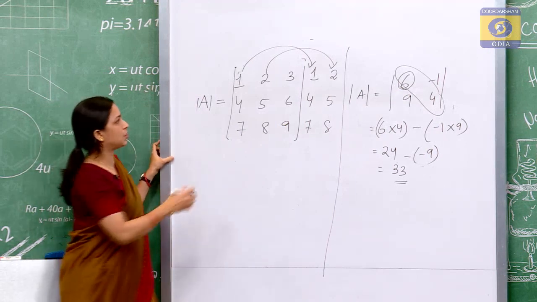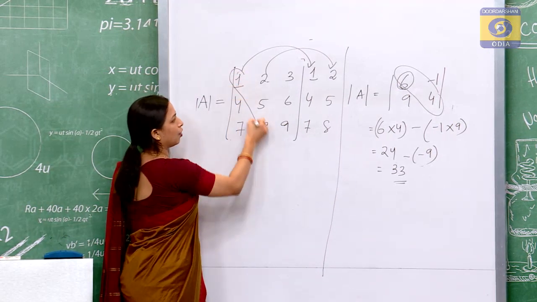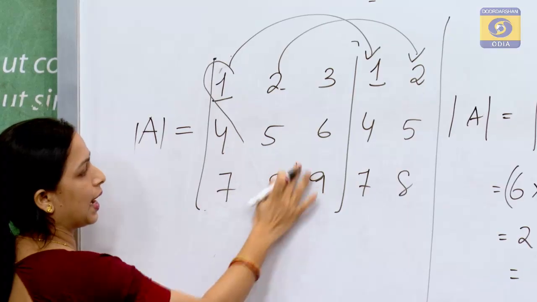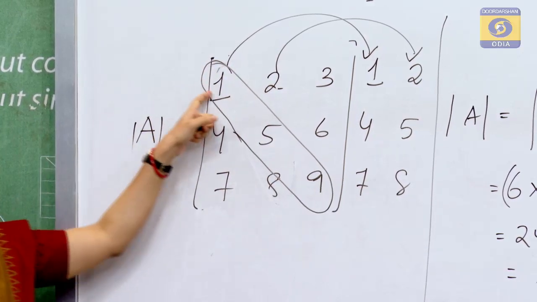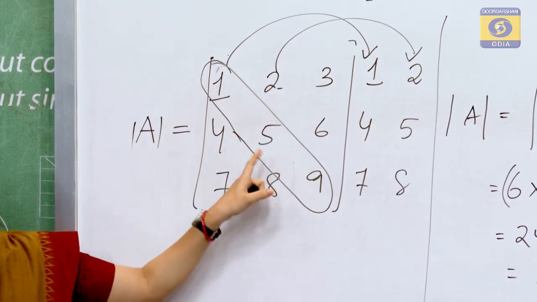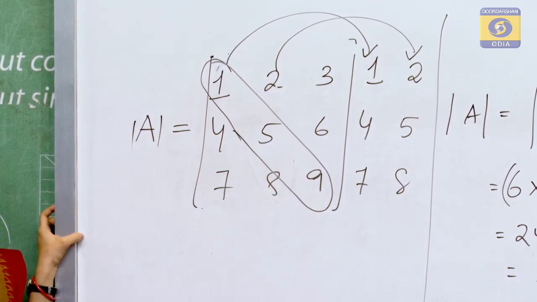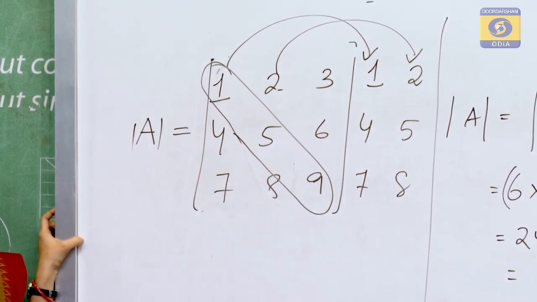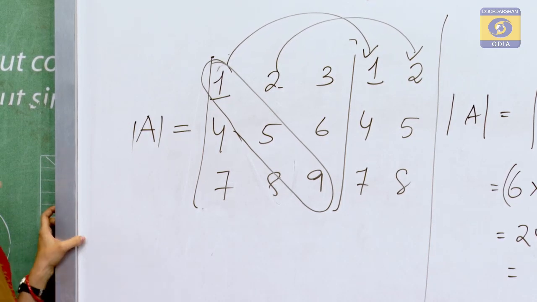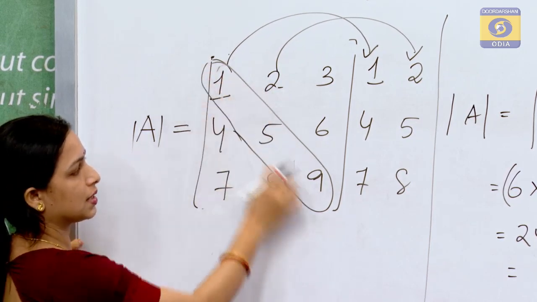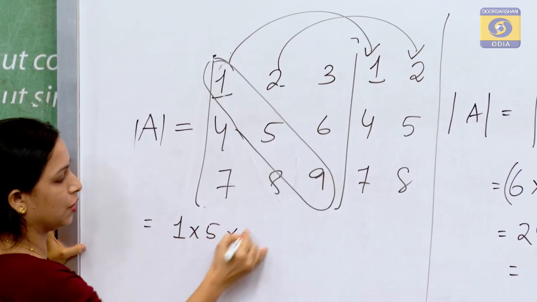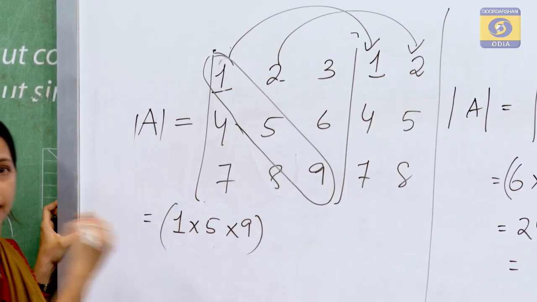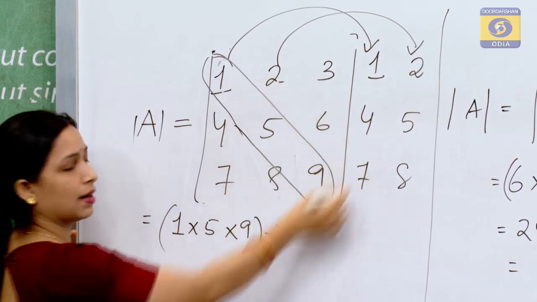What is the next step? The next step is you have to find the product of the diagonal elements, right, going downwards, starting from the top going downwards, and you have to find the diagonal product of all the parallel diagonals lying parallel to each other. That means, so this is the first diagonal. So, let us take 1 into 5 into 9, then add it to the next parallel diagonal.